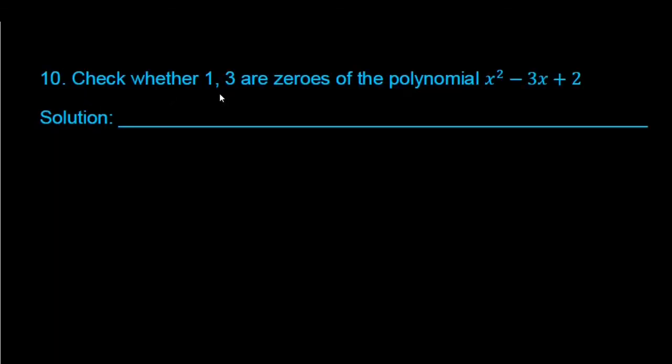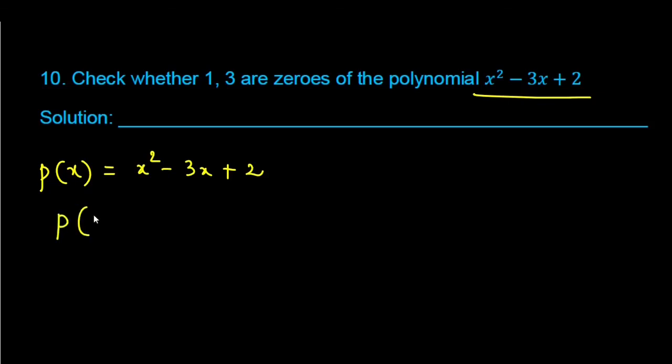10th question. Check whether 1, 3 are zeros of the polynomial x square minus 3x plus 2. Given polynomial p of x is x square minus 3x plus 2. Now first let us take p of 1.